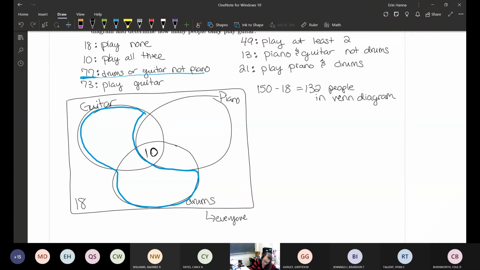I don't know how to do this in case people are colorblind, so let's do a little whoosh whoosh. For the guitar, I'll do just 1, 2, 3, 4, and then I'll just loop around. Guitar could be either just the guitar or both guitar and drums.